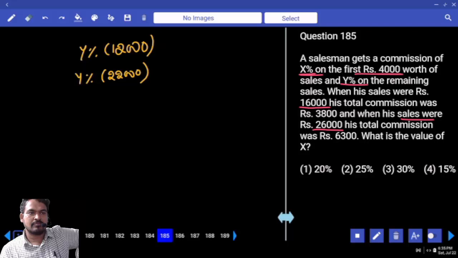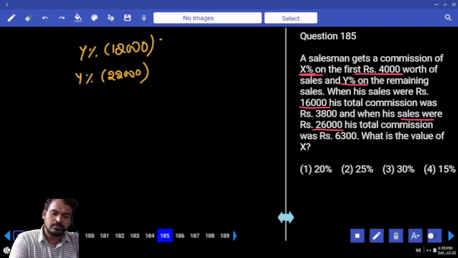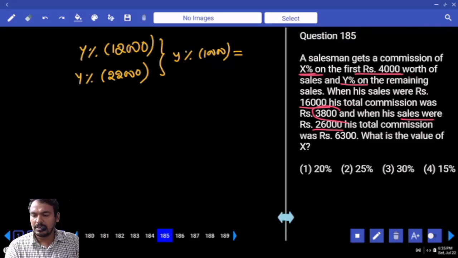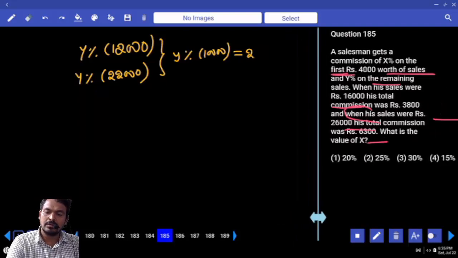Y percent of 12,000, Y percent of 22,000. These two difference is how much? Y percent of 10,000. That is equal to the commission difference. One is 3,800, another one 6,300. What is the difference value? 2,500. 2,500 is how many times? 4 times y equal to how much?